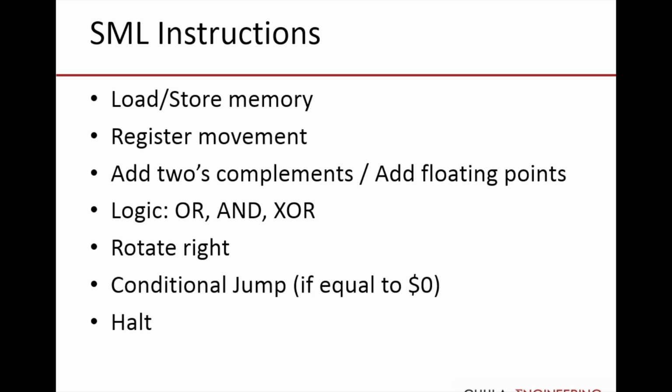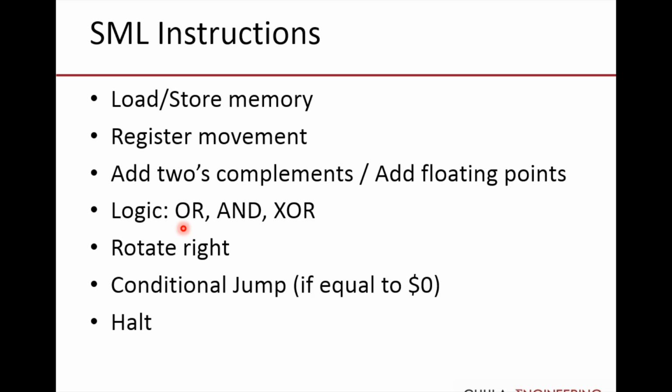Then we have register movement, which transfers data between registers. The third type is we can add two's complement values or add floating point values contained in the registers and store them back to the register. The fourth type is logic execution.